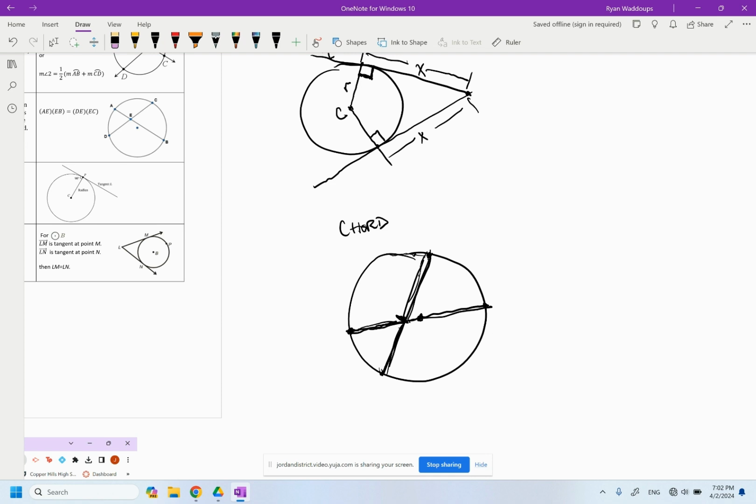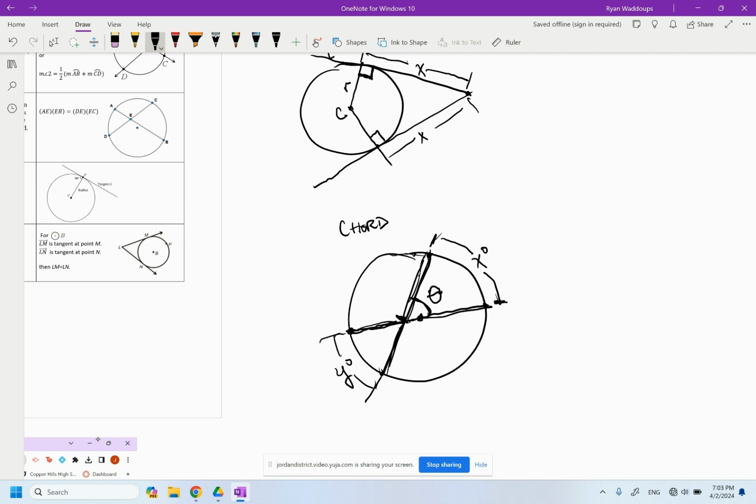But another thing is that this angle, if we call that angle theta, the arc over here, let's call its angle x degrees, and this arc over here, let's call that y degrees.